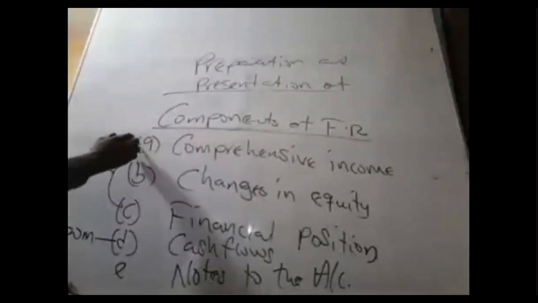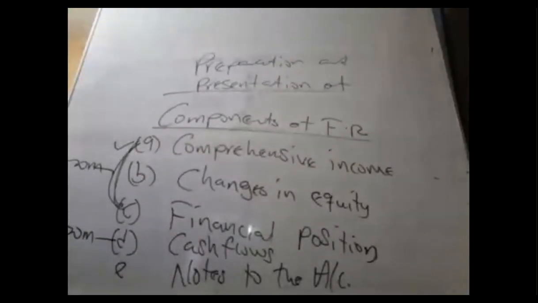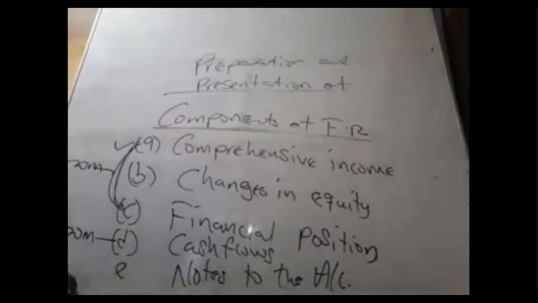First, I will concentrate on the first 3: comprehensive income, changes in equity, and the financial position. That is what we are going to concentrate on. So right after these 3, when you become perfect, then we graduate to that of the cash flows, and finally move on.